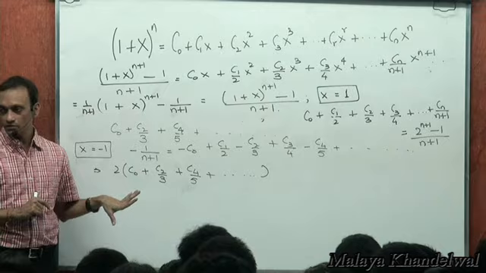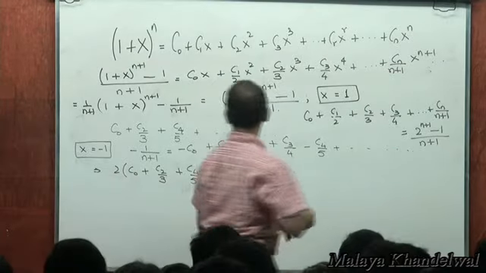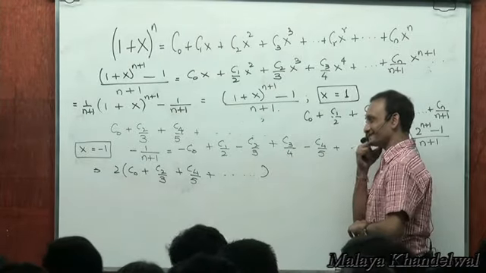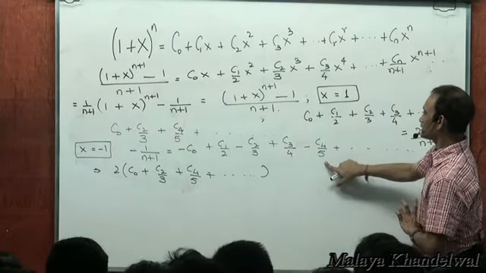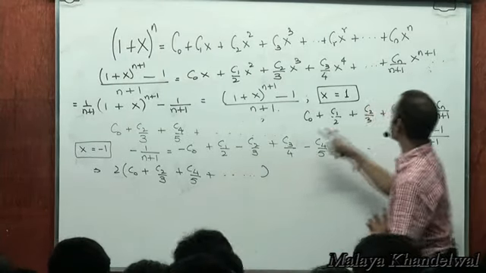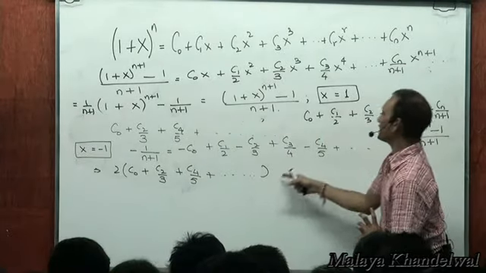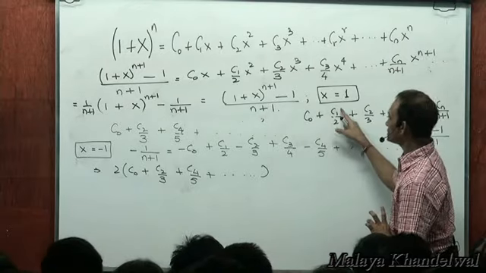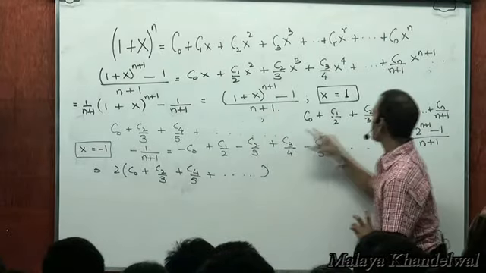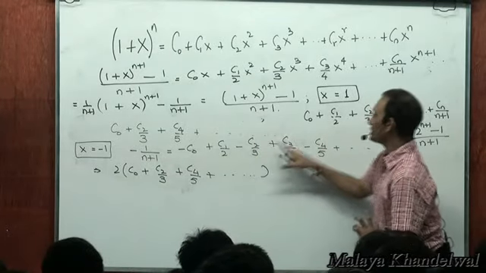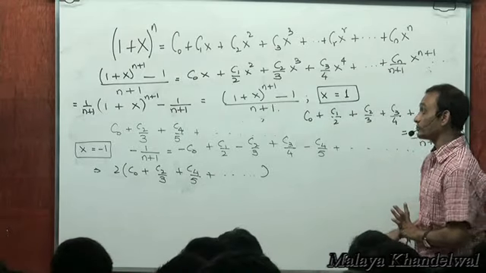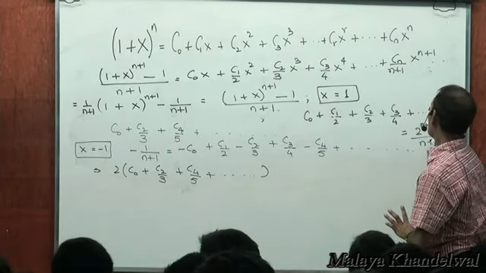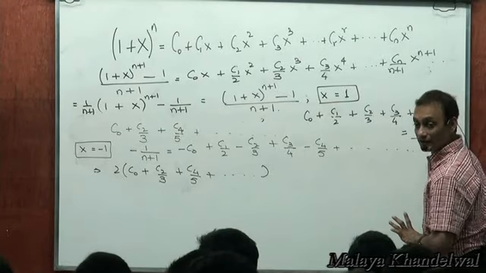Didn't understand this? Oh, sorry. See, I did this minus this. So then c1 by 2 will get cancelled, c3 by 4 will get cancelled, and what you're left with is 2c naught, 2c2 by 3, 2c4 by 5, etc. And that turns out to be 2 to the power n plus 1 by n plus 1.